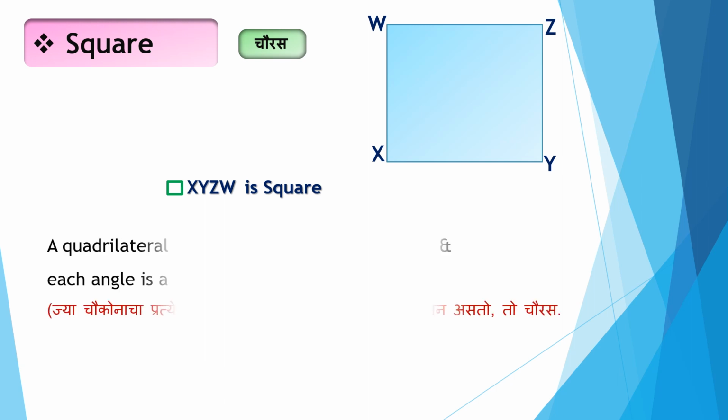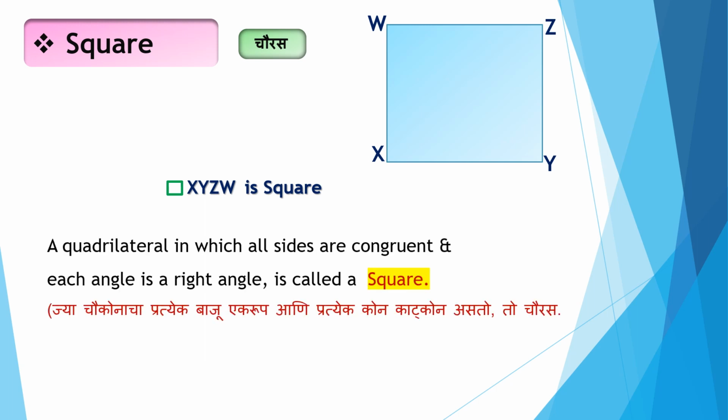XYZW is a square. We see the definition of a square: a quadrilateral in which all sides are congruent and each angle is a right angle is called a square. Side XY is equal to side YZ is equal to side WZ is equal to side XW.